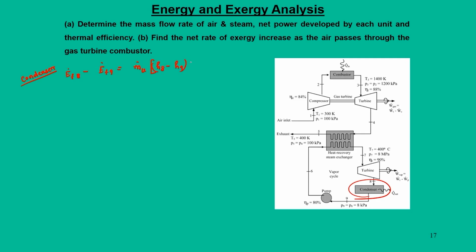You have to use the data from the steam unit, T0 into S8 minus S9. Looking at the number, E dot F8 minus E dot F9 would be 1.4 megawatt. So, this is again close to 2.3%.